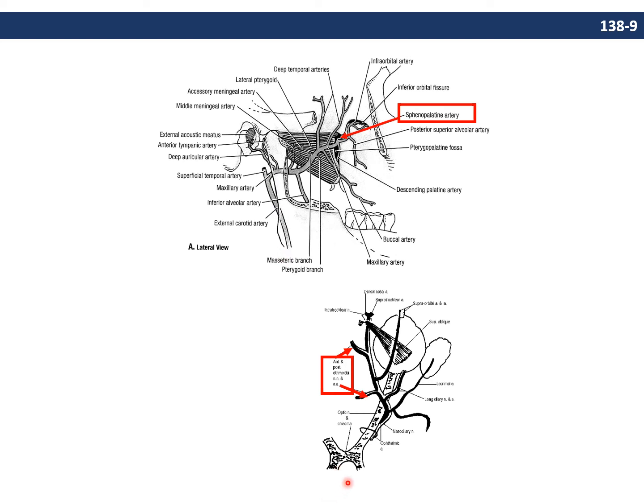Coming off of the internal carotid artery, the ophthalmic artery gave off these anterior and posterior ethmoidal branches in the orbit. And so those branches, the sphenopalatine and anterior and posterior ethmoidal branches, communicated with each other in Kesselbach's area, which was on the lateral nasal septum.